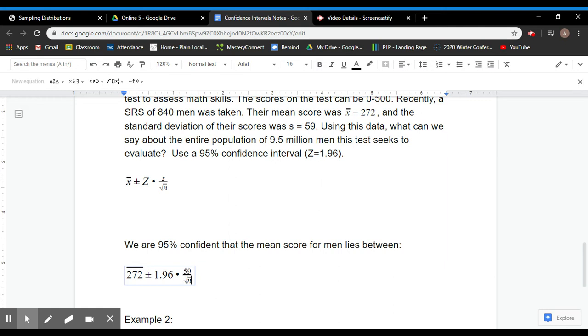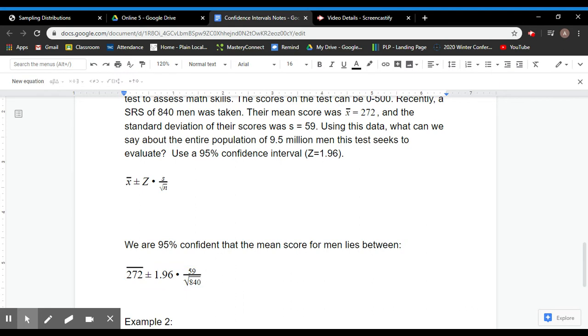And the last thing you need to replace is n. Instead of n, you look to how many people took part in the sample. How many people were in the SRS? Well, 840. So n is replaced by 840.